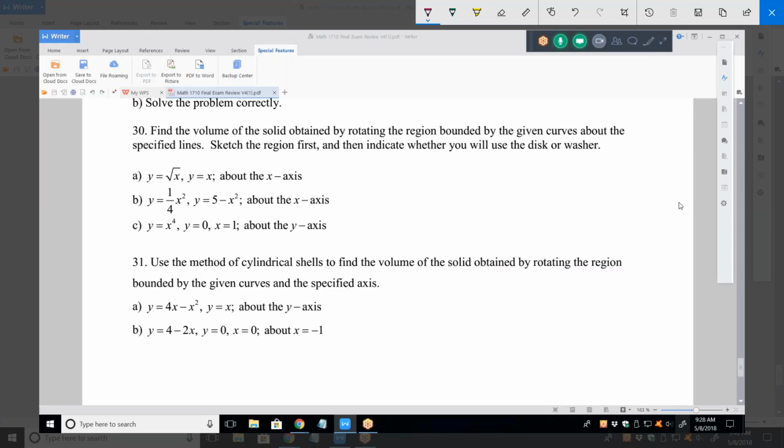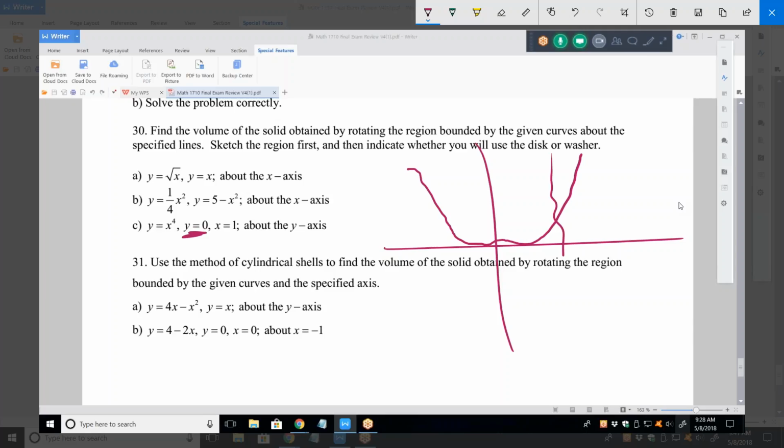Okay, so we're going about the y-axis here. I believe that's y equal x to the fourth approximately. And y equals 0 is the x-axis. X equal 1, we'll call this point right there.